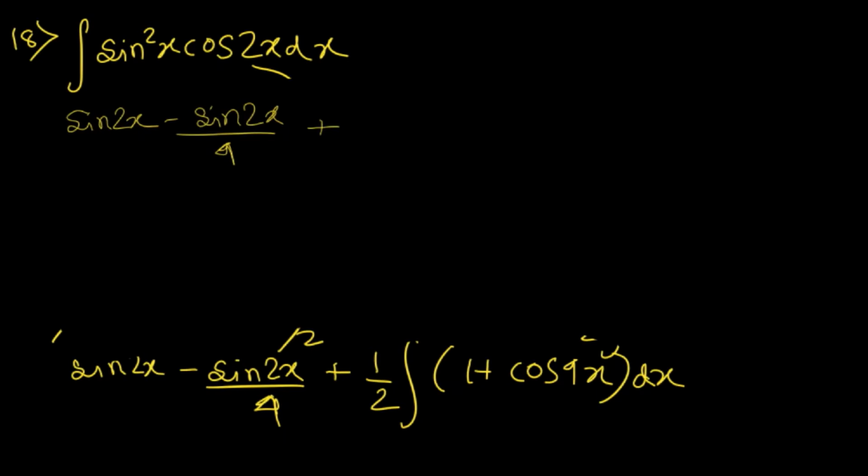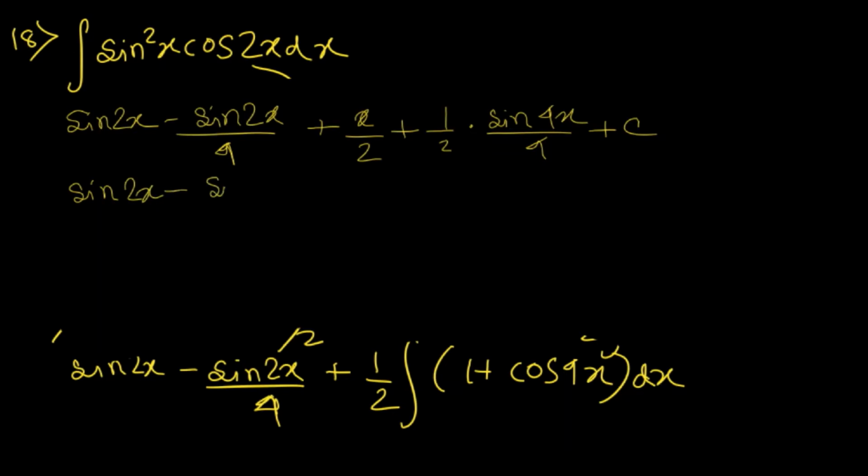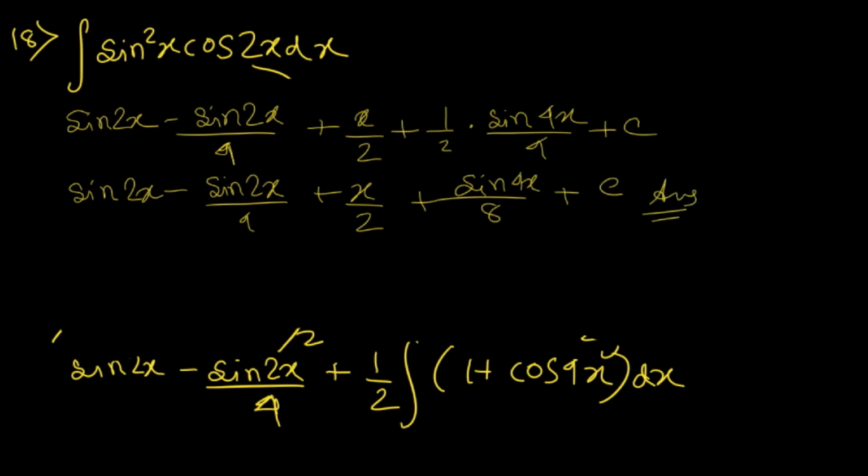So integration of 1 dx gives x by 2 plus half of sin 4x by 4 plus c. So it gives sin 2x minus sin 2x by 4 plus x by 2 plus sin 4x by 8 plus c. So this is the answer.